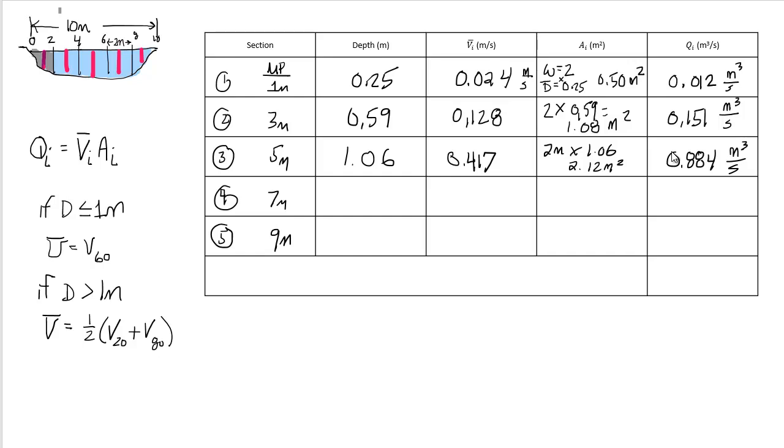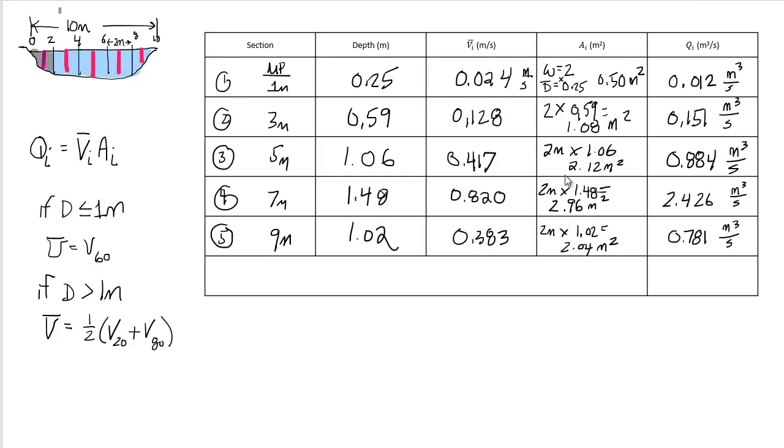And I'm going to do the same thing for the last two sections here. I'll just fill these in quickly. Okay, you'll notice that for the last two cells, the average depth was over 1 meter, so I had to use the formula that takes the average of the velocities at 20% and 80% of the depth to calculate the velocities, and then I've carried out all the other operations. And so we're almost done.